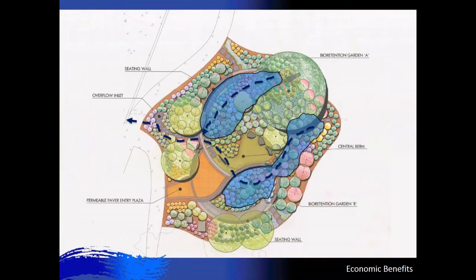So this is the plan view of the design of the project. It was essentially 2 circles and somewhat artistic, but the idea was we had 2 inputs as far as runoff, the rainwater coming into the site.